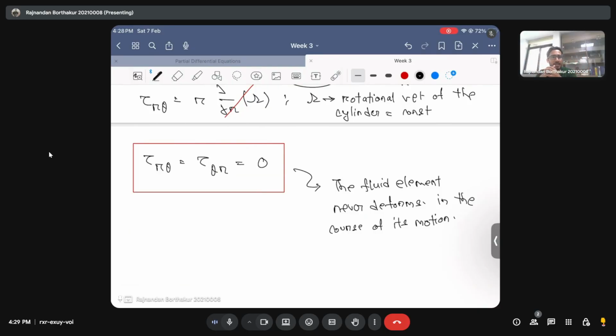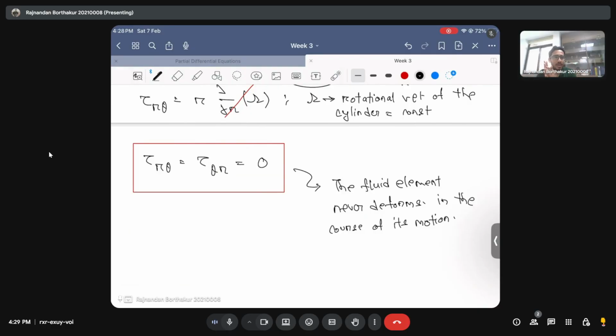The second thing is that during the course of its motion in its orbit, the fluid element doesn't undergo any deformation, simply because the viscous stress tau r theta component, which is responsible for this deformation, comes out to be equal to 0.